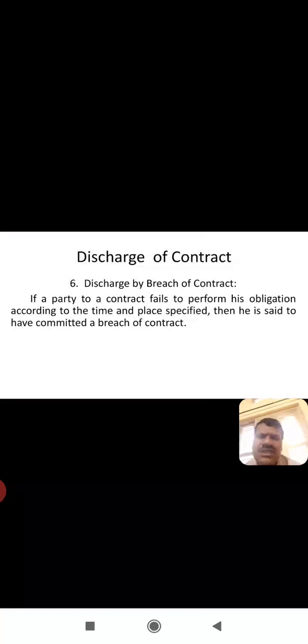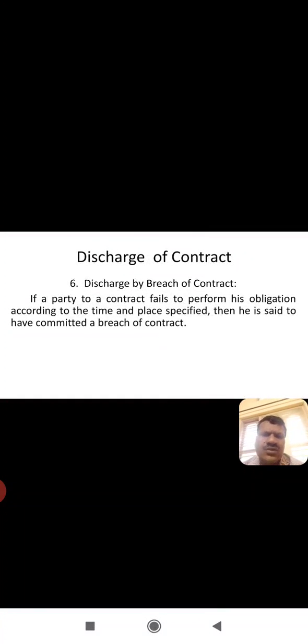Discharge by the breach of contract. If a party to a contract fails to perform his obligation according to the time and place specified, then he is said to have committed a breach of contract.